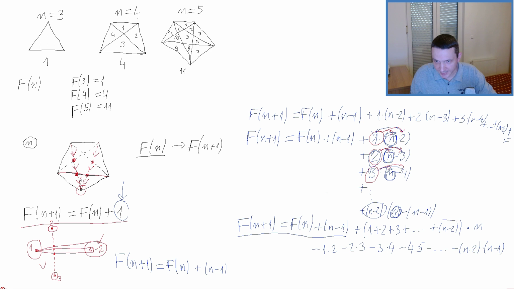And now I have the sum of first n minus 2 integers, 1 plus 2 plus 3 plus and so on till n minus 2. There is a known formula for this. I will use that formula. This is simply this last number, n minus 2, multiplied with the number which is bigger by 1, so n minus 2 times n minus 1, divided by 2.